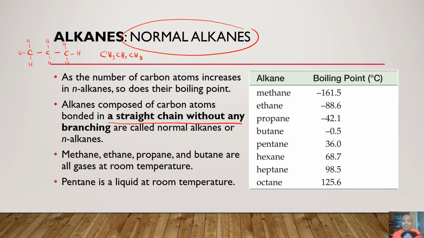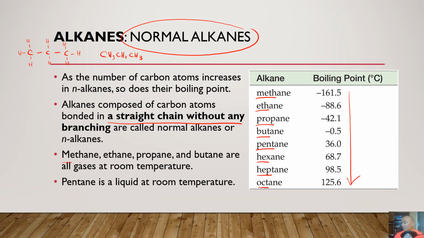Let's look at a whole series of normal alkanes. Methane, we have 1 carbon inside. Eth means 2 carbons. Prop means 3 carbons. But means 4 carbons. Pent means 5 carbons in a straight line. Hexane, 6. Hept, 7. Oct, 8 carbons. As you can see, as the number of carbons increases, the boiling point increases.